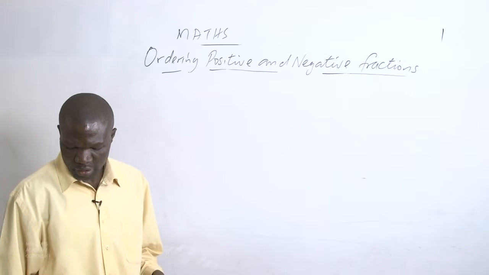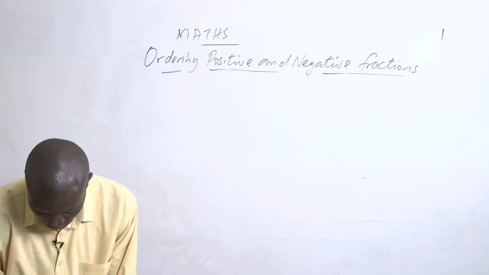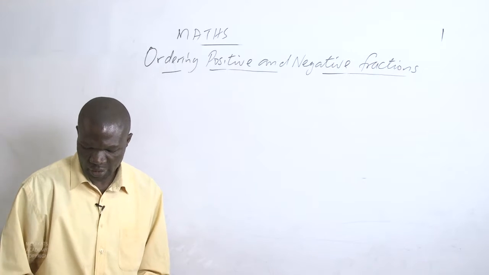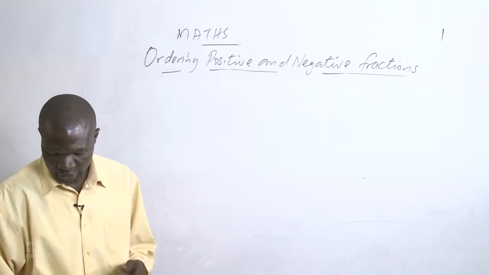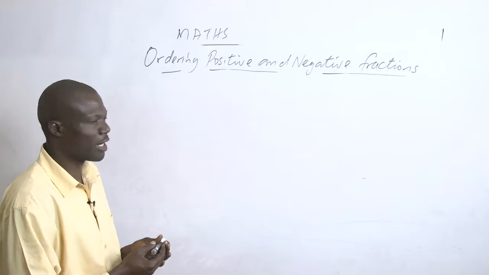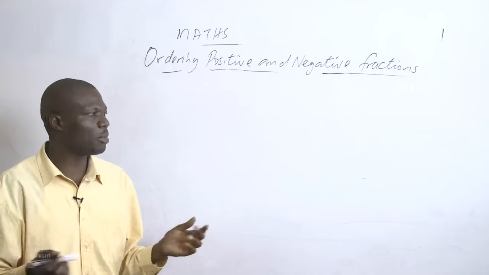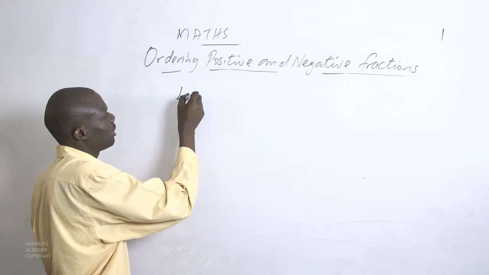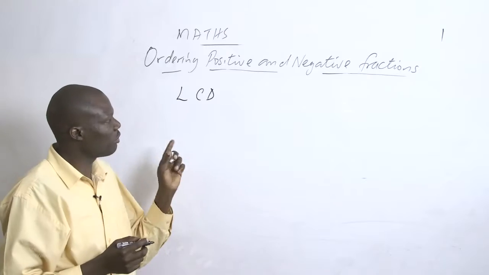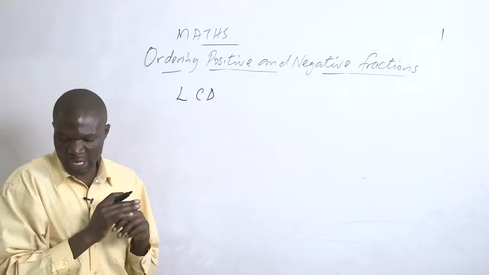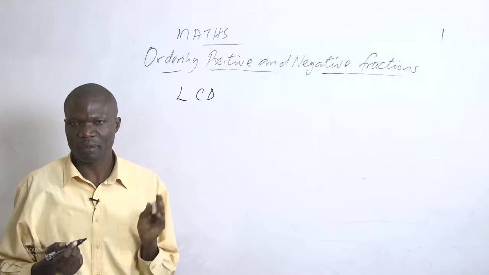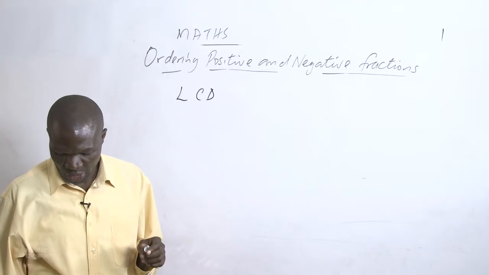Now, to order fractions with different denominators, we can use the knowledge of equivalent fractions, as we said earlier on. But in this particular case, we are looking at the denominator. Therefore, the knowledge of lowest common denominator, which we said earlier on, comes in. So if we are looking at two different fractions, then the lowest common denominator will come in.